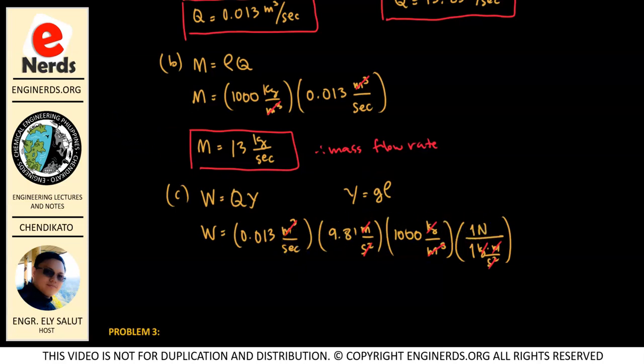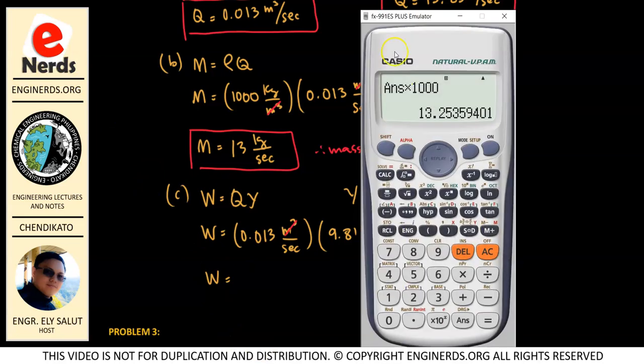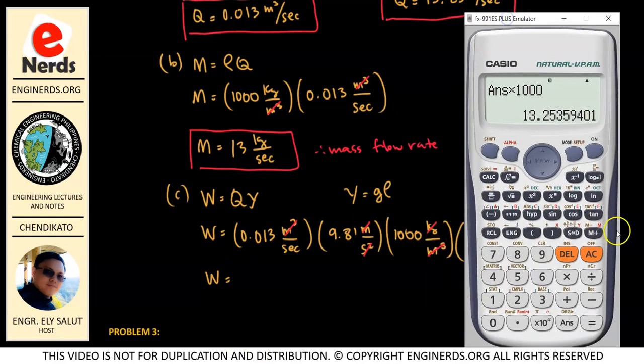Okay, so now we're going to calculate our weight flow rate. 0.013 times 9.81 times 1000 is equal to 127 Newton per second.